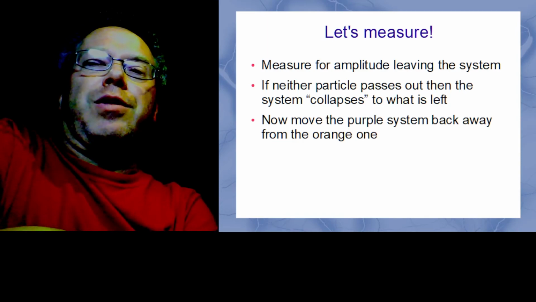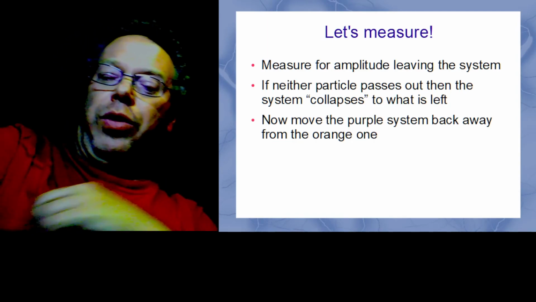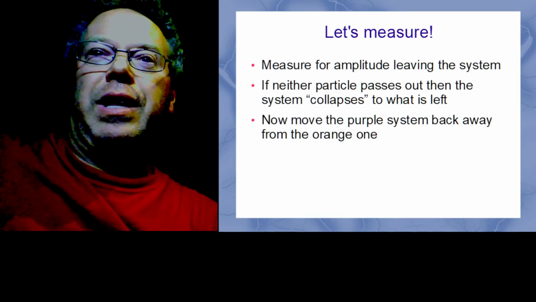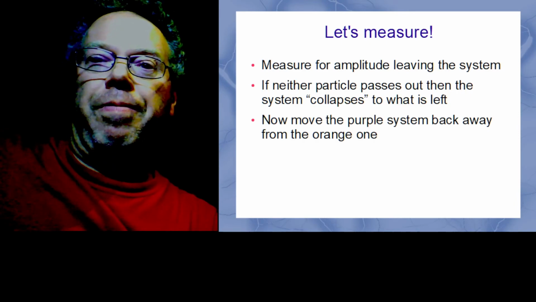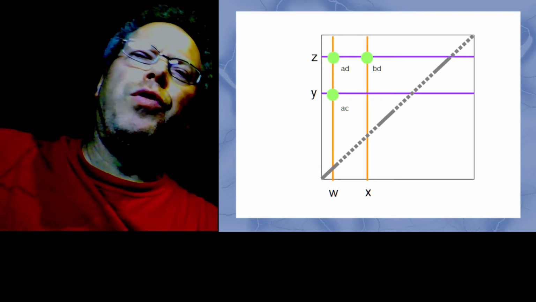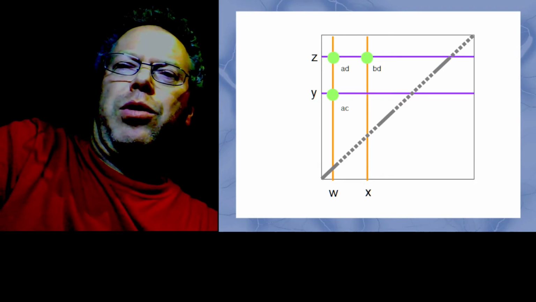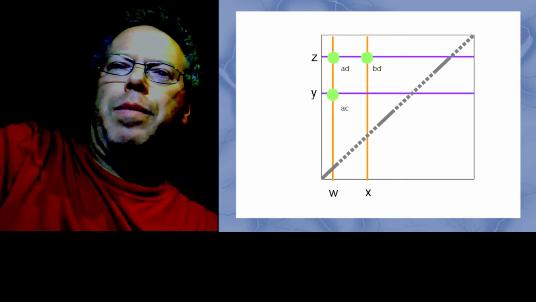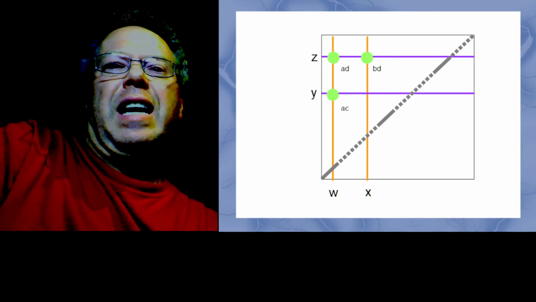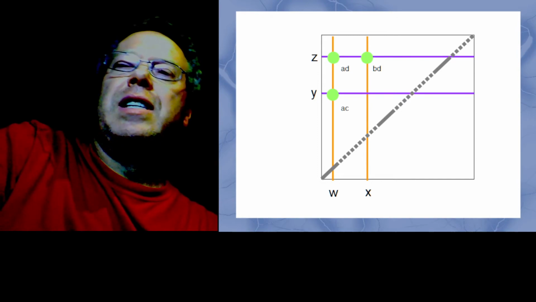But if I don't measure anything, it means that everything is left in those 3 wells. Now I'm going to move that well back out. So I'm going to move that purple synthetic qubit back to the right, and this is what I've got left.